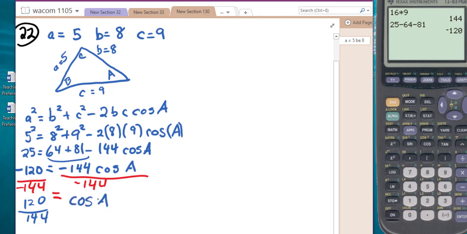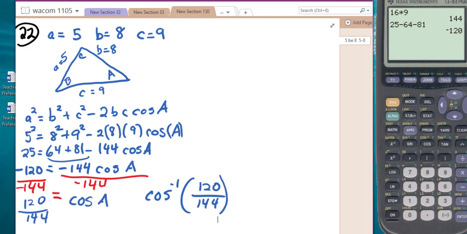You want angle A. So what we want to do here is a cosine inverse of 120 over 144 on the calculator. And that way, by not dividing it out and then putting it in, you're not going to get round off early. So second cosine inverse of 120 divided by 144, close, enter.